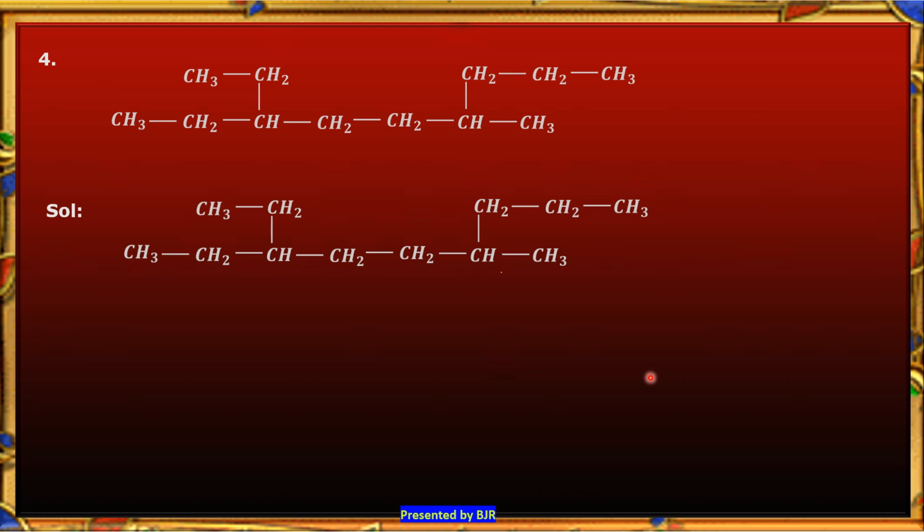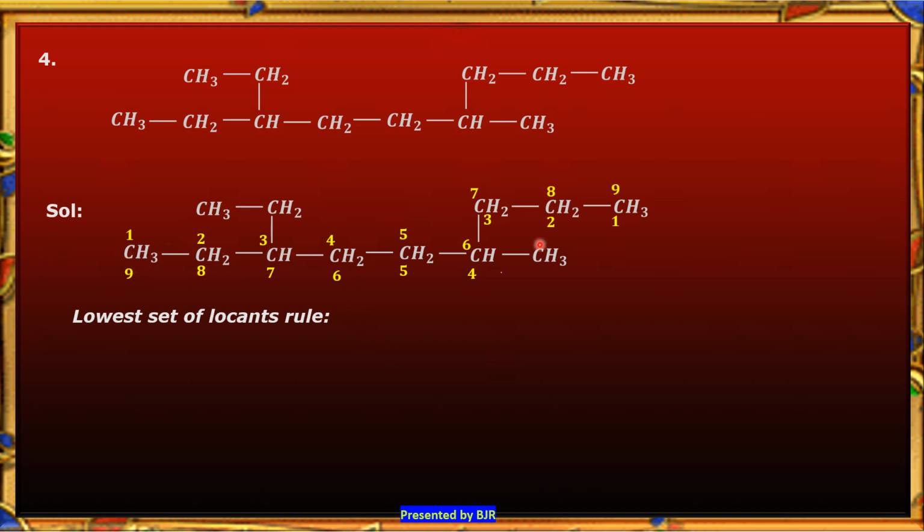See here, first I am numbering the carbon atoms from the left to right. Similarly, from right to left also I am numbering the carbon atoms. So which way of numbering is correct? In order to check that, I am going to use the lowest set of locants rule.